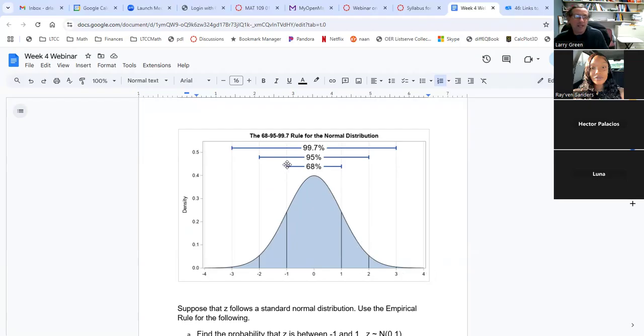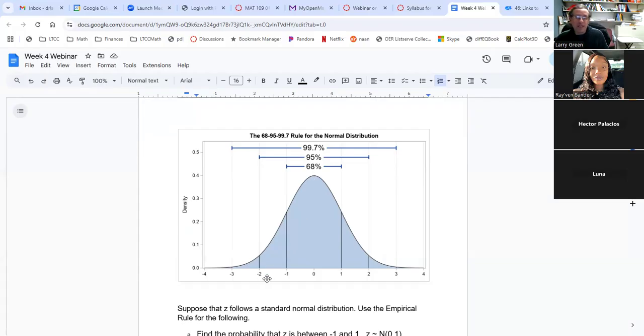And we know that the probability of being between -1 and 1, if you have a standard normal distribution, that means the mean is 0 and the standard deviation is 1. So you're within one standard deviation of the mean. That's 68%. Okay.